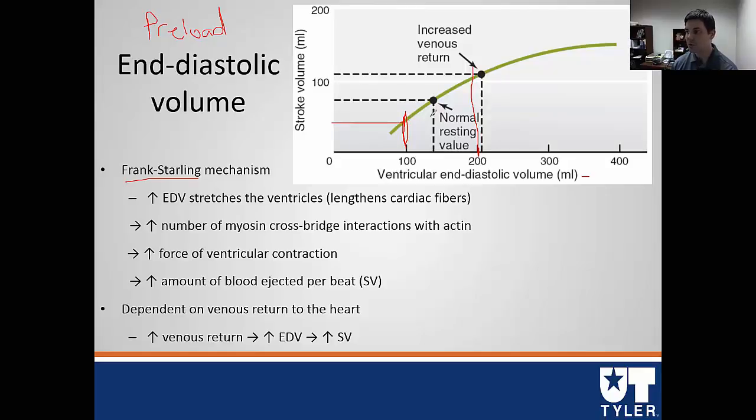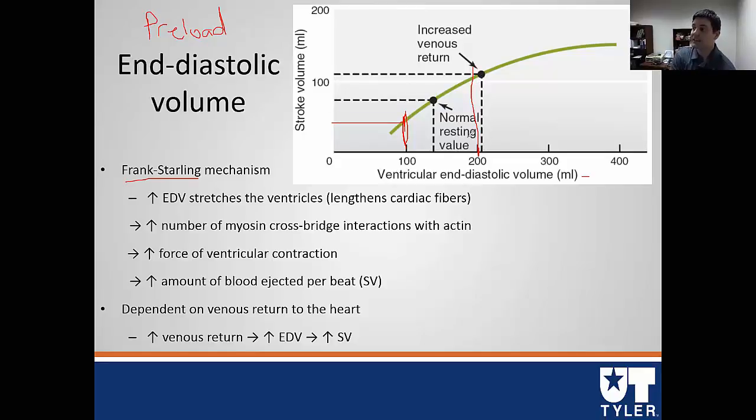Or we can use the normal resting values, which is about 130 to 140 milliliters. It will then have a stroke volume about 2/3 of that, which is about 75 mils.